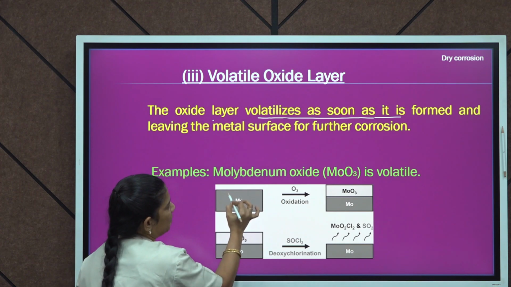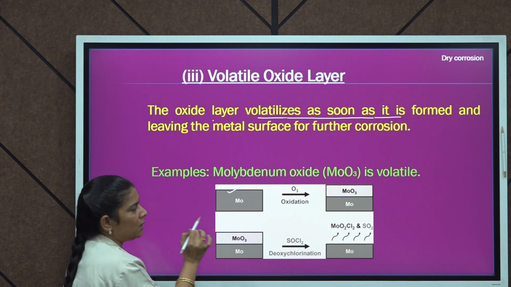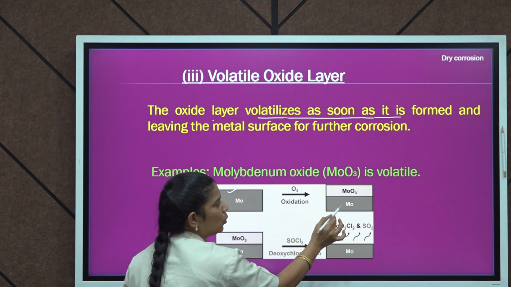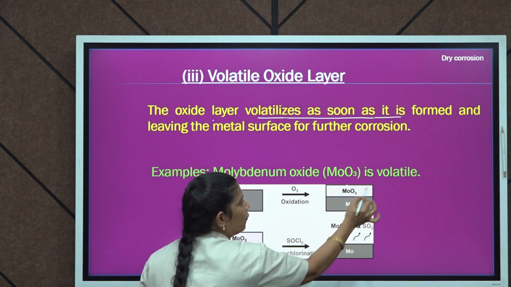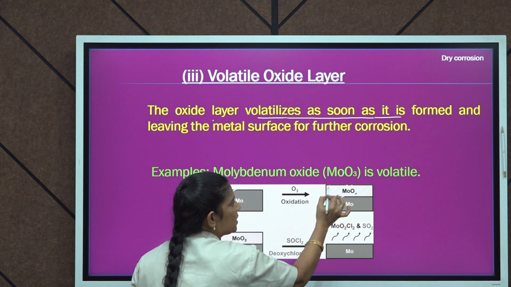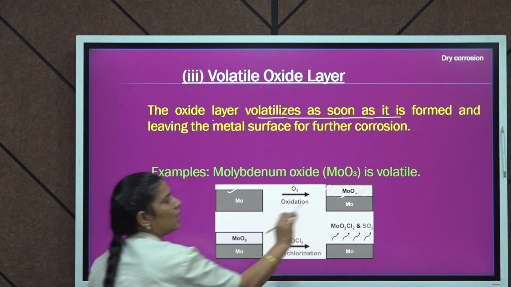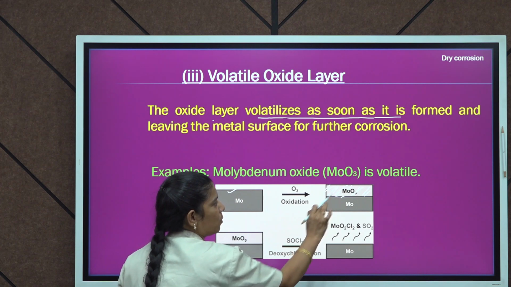This is molybdenum metal. Molybdenum metal gets oxidized and converts into the oxide forms of molybdenum. So an oxide film is formed on the metal surface; the top surface converts into oxide forms.